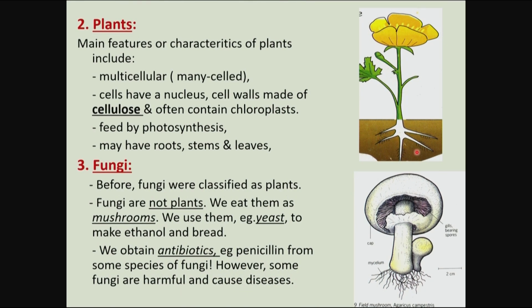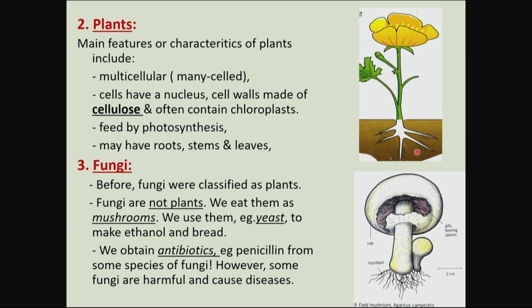The kingdom plants, or the plantae. Now, the main features of plants include: just like animals, plants are also made up of many cells, so they are multicellular. Okay, and in addition to the normal parts of the cell in an animal, the plant cells have cell walls made up of cellulose.